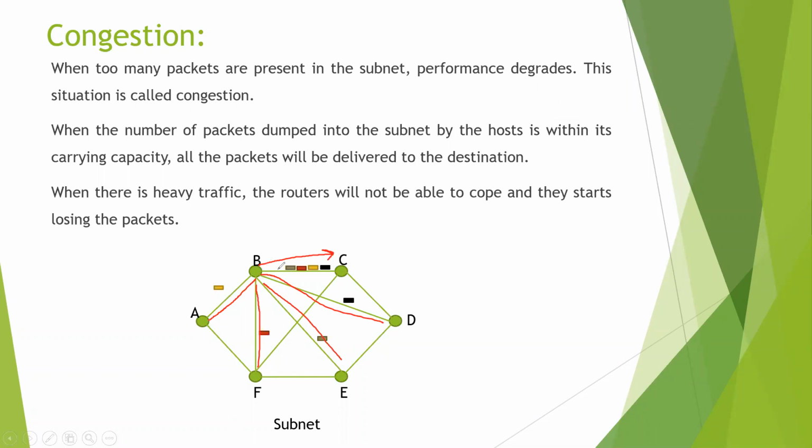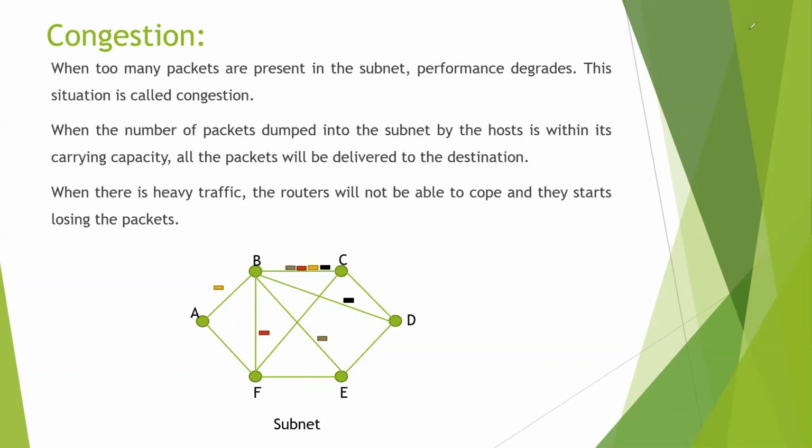If one more packet arrives, it has to pass all these packets. Due to this, congestion occurs. When too many packets are present in the subnet, the performance of the subnet degrades. This situation is what is called congestion.